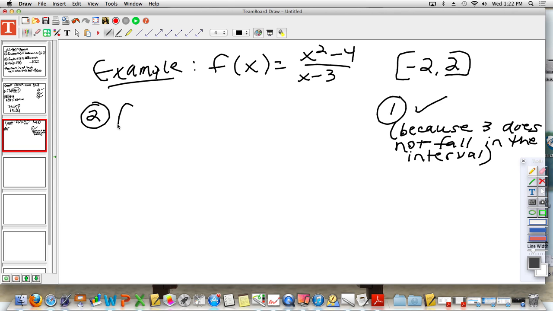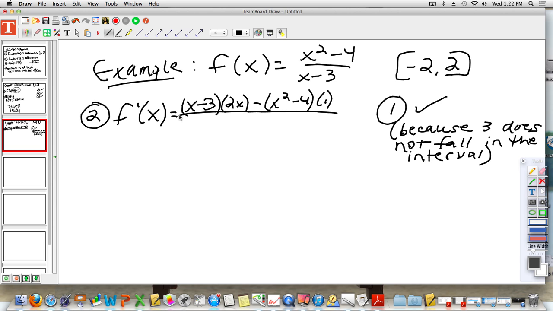Let's find the derivative. What are we going to use, you guys, to find the derivative? Quotient rule. So I take the denominator times the derivative of the numerator, which is 2x, minus the numerator times 1, the derivative of the bottom, divided by x minus 3 squared.